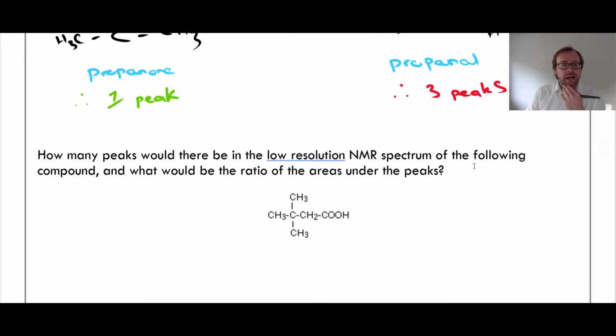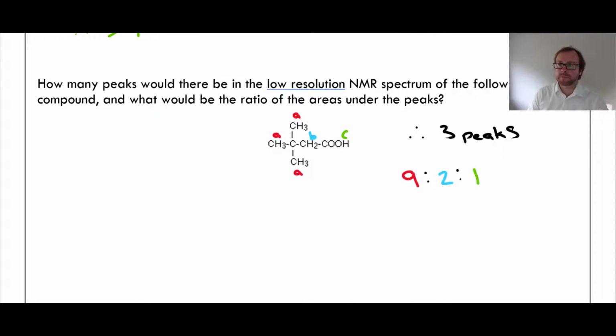Okay, so how many peaks would there be in the low resolution NMR spectrum of the following compound, and what would be the ratio of the areas under the peaks? Okay, I'll give you another 5 minutes to work this one out. Okay, I'm sure you've managed to work this one out. So I've labelled it for you, and we can see that our CH3s, again our methyls, so the hydrogens in this are all equivalent.